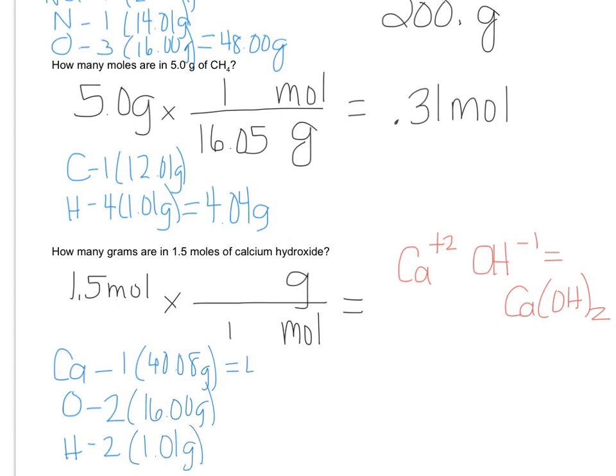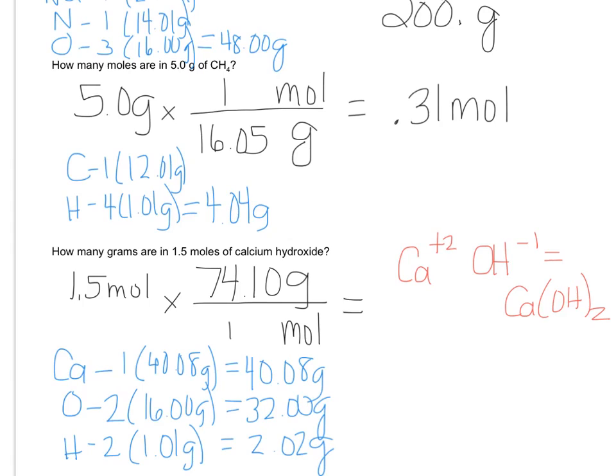And so when we do the math here, we end up with, of course, the same thing for calcium. We end up with 32.00 for oxygen and 2.02 for hydrogen. If we add those all together, we end up with a gram formula mass of 74.10 grams.